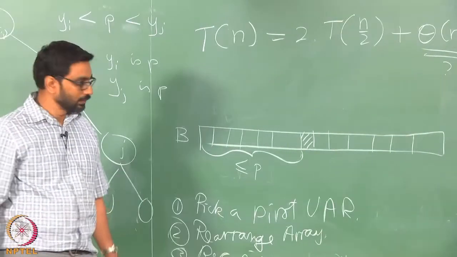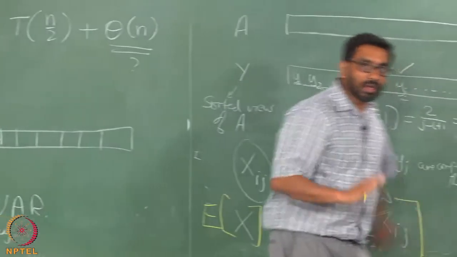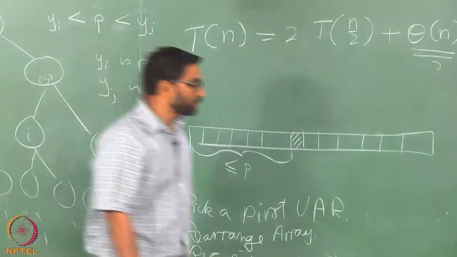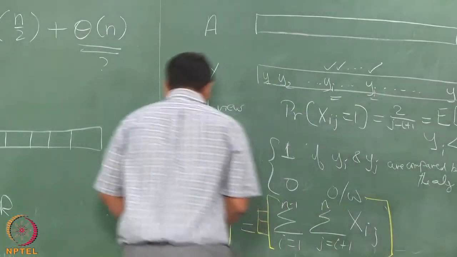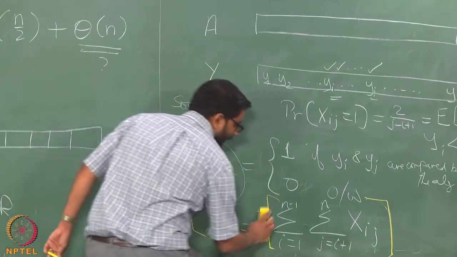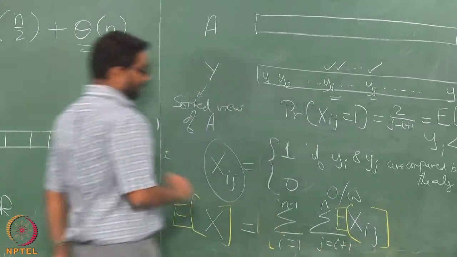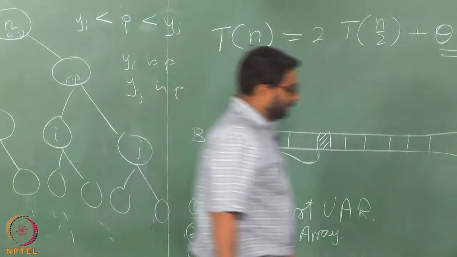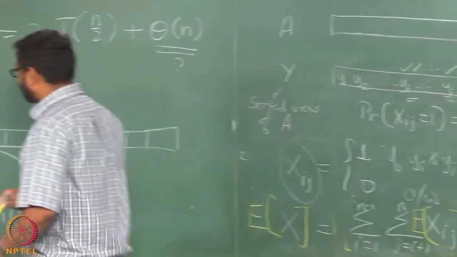The nice thing is, when it's expectations, you can apply the linearity of expectation over the sum of a number of random variables, so you can simply take the expectation inside. We can write it this way, and we already know a formula for this, so let's try to simplify this whole thing.